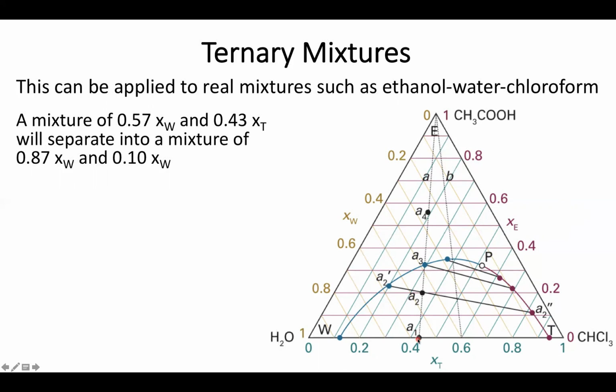And you may say, I don't have a tie line here. But it turns out you're always given one tie line for free. It's the base of the diagram. So at this point, my mixture of water and chloroform is going to separate out into one fraction that is a little bit less than 80% water, and one fraction over here, denoted by T, that is a little bit less than 10% water, probably closer to about 5%.